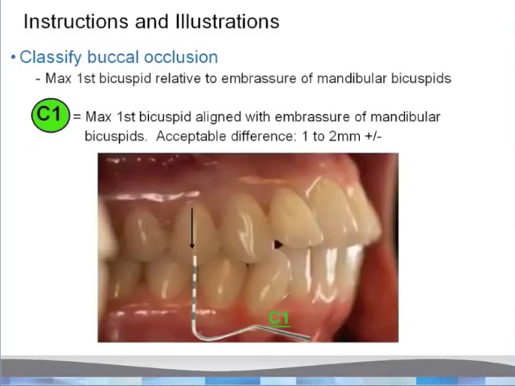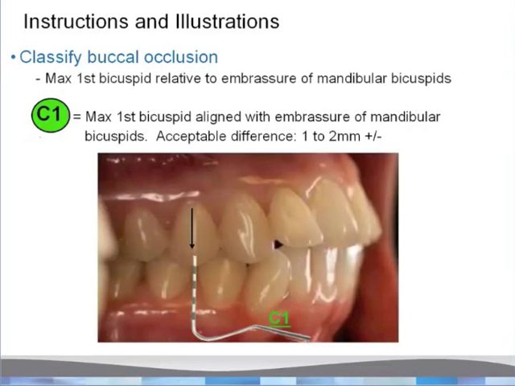Next on your grid is analyzing the AP classification, which is something we're all very familiar with in terms of Class 1, Class 2, and Class 3. One of the things Dr. Brandt has educated me on is that what is most informative in terms of determining the classification is not looking so much at the molar or canine, but just looking at the bicuspid arrangement.